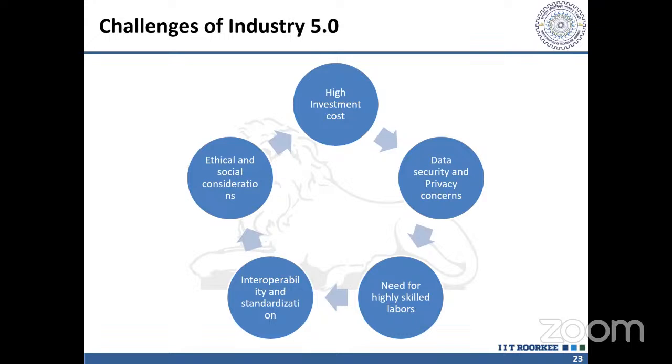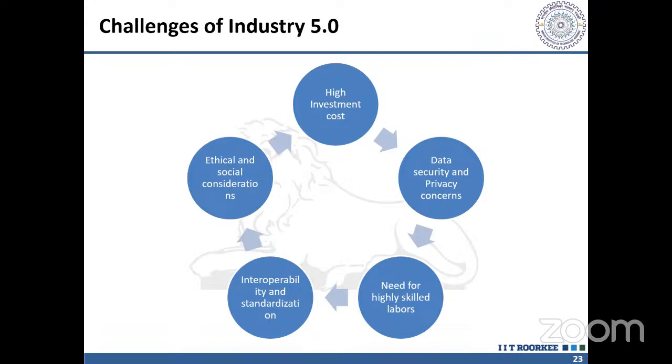For example, if any company uses IoT sensors to collect data on its manufacturing process, it needs to ensure that the data is encrypted and secured against cyber attacks. In addition, a company needs to comply with regulations such as the General Data Protection Regulation, so that it can ensure that the data is collected and processed in a lawful and ethical manner.